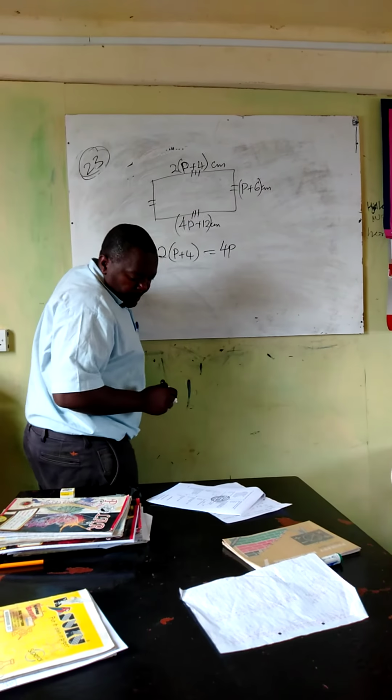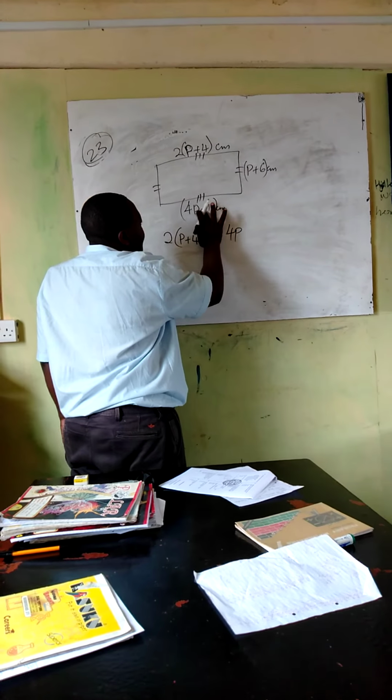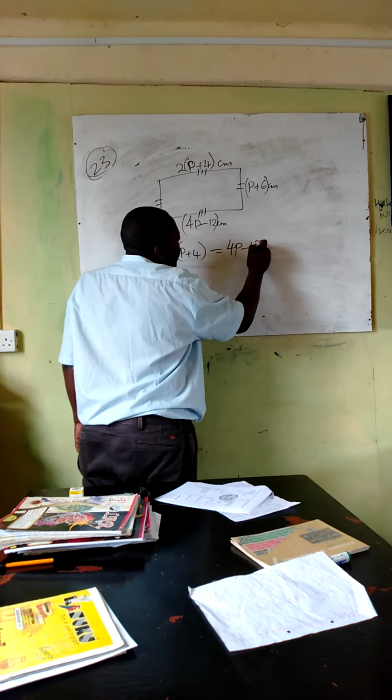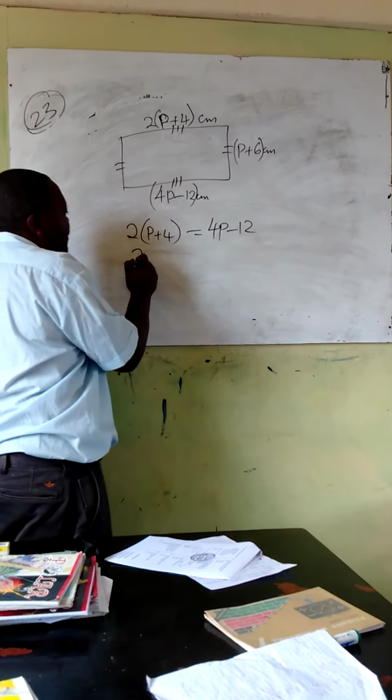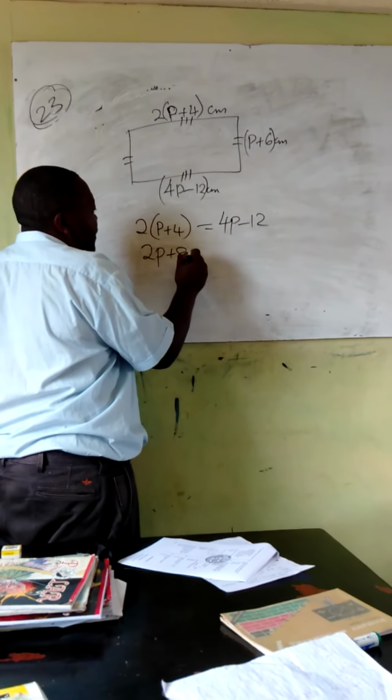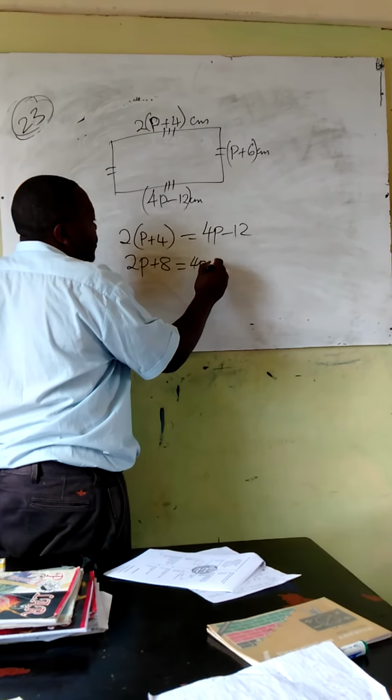4p minus 12. Sorry, this is not plus, this is minus 12. So we open up the brackets, then we have 2p plus 8 is equal to 4p minus 12.